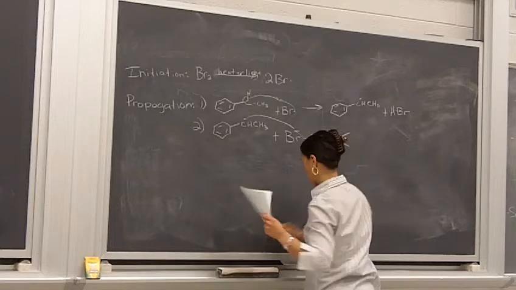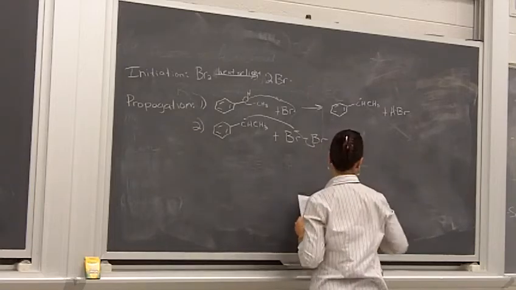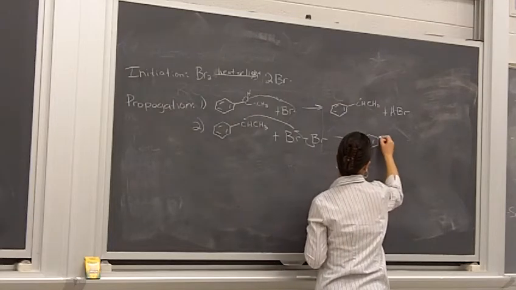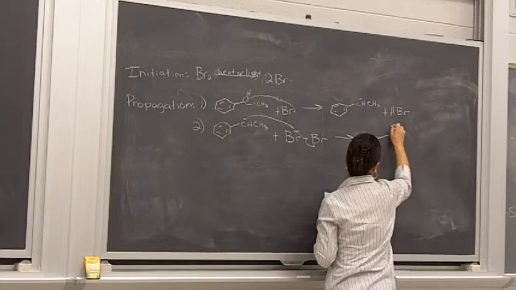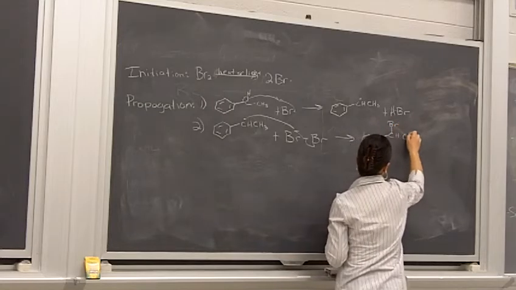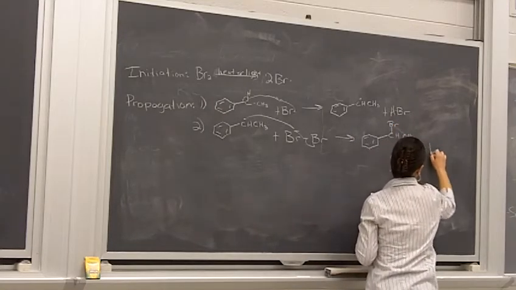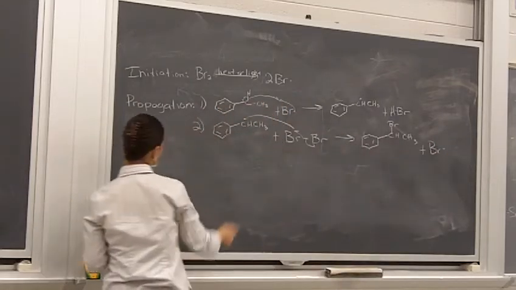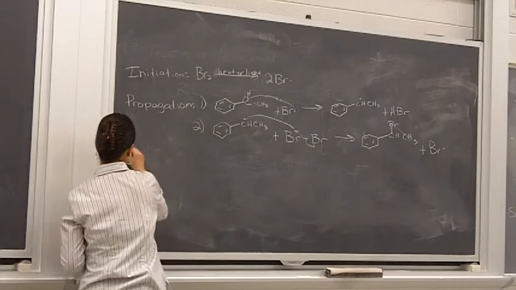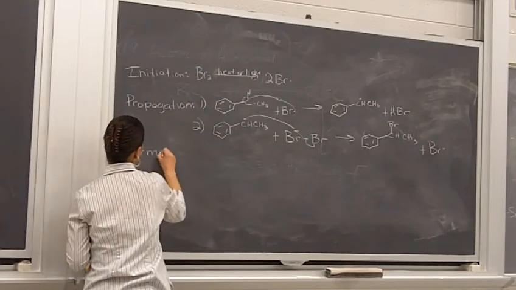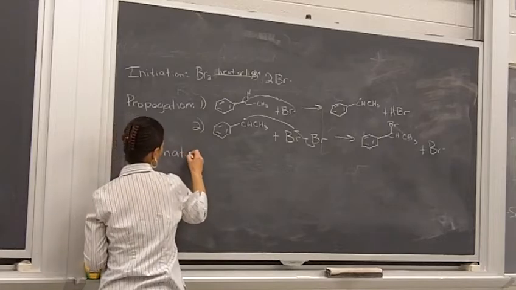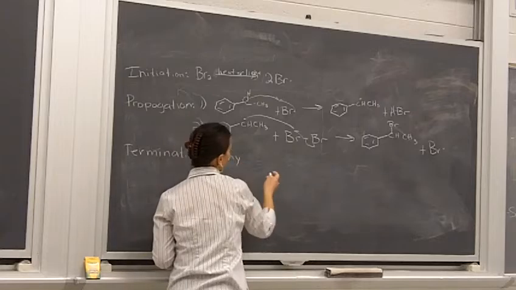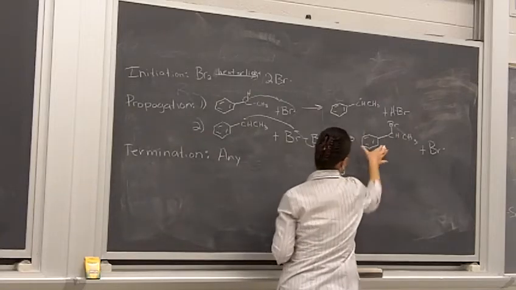So now we've got our bromoethylbenzene, and then we've got more bromine radical to go into this step again to keep brominating the ethylbenzene. Then our termination step is any two radicals combining. Then once we've got our radicals combined, this isn't going to be reactive anymore.